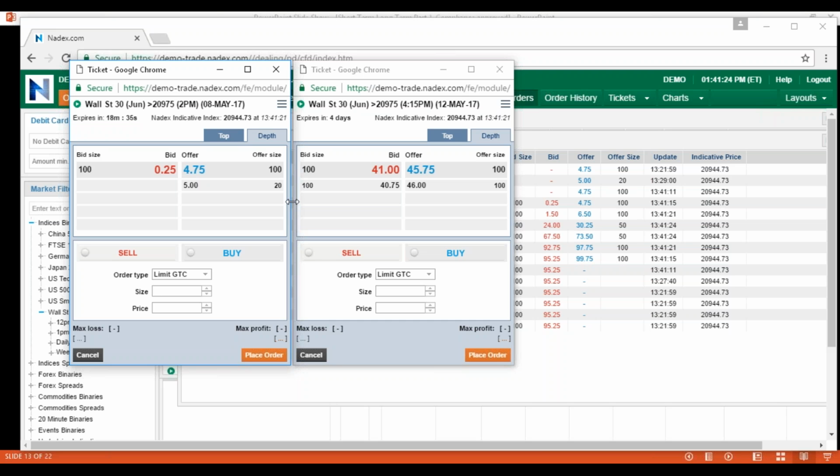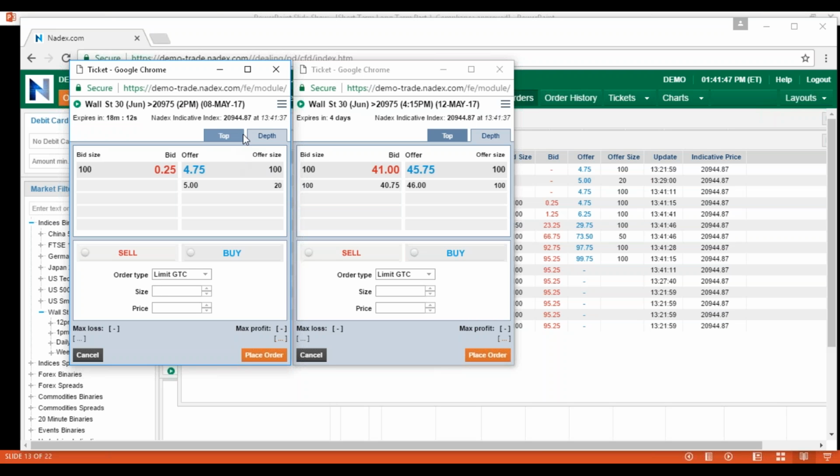If you're looking for something that's going to move more like one-to-one with the underlying, to mimic the underlying market, you want to look at Nadex spreads. Nadex spreads are what you would use to more mimic the movement of the actual underlying, not binaries. Okay, so everybody gets that.